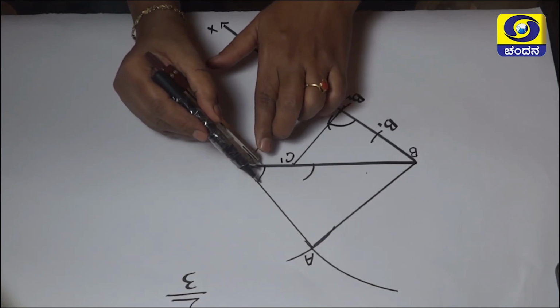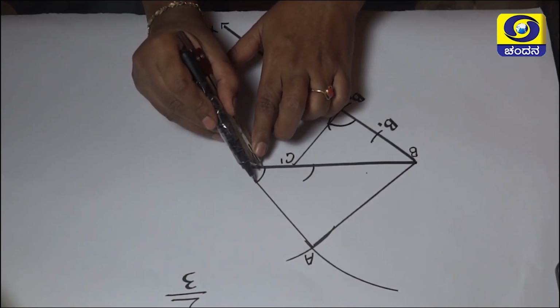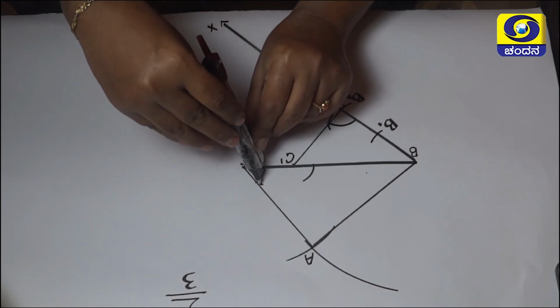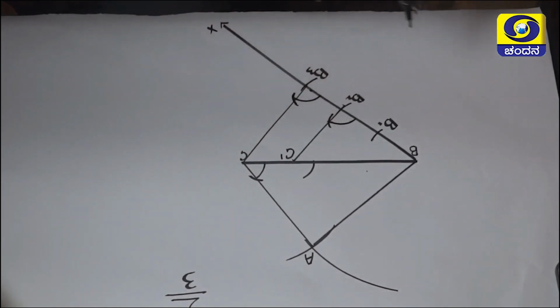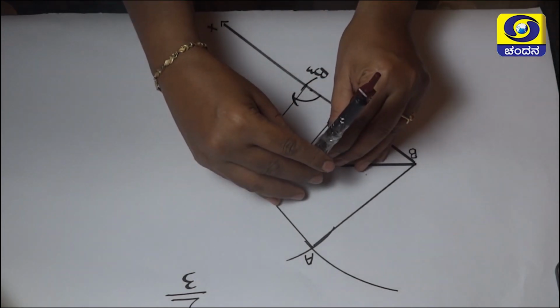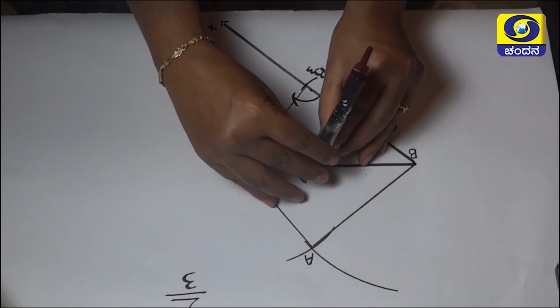This will give us length of the angle. Now to take the width, keep the needle here at the starting point of the arc, make a mark like this. Without disturbing the compass, make the same arc at this point.